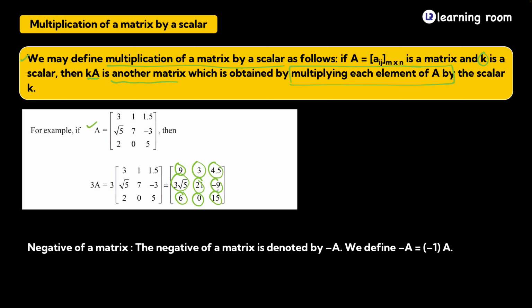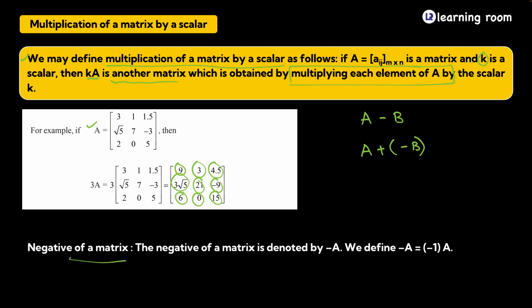Having said that, one last point I would like to stress is that the concept of difference comes from the reverse operation of addition. For example, if I want to perform the operation A minus B, can I say it is nothing but A plus of minus B? So if I know the matrix B, what scalar value should I multiply with B to get minus B? Minus 1. That is what we call the negative of a matrix.